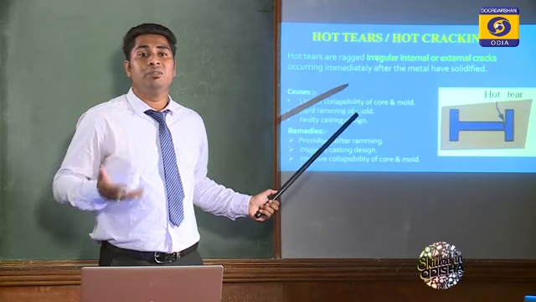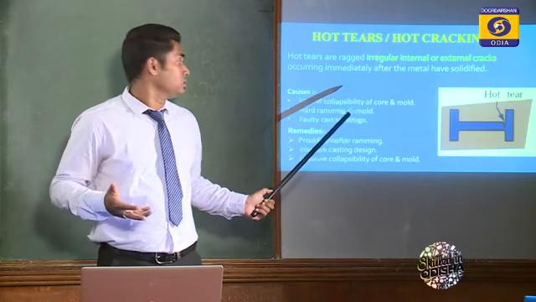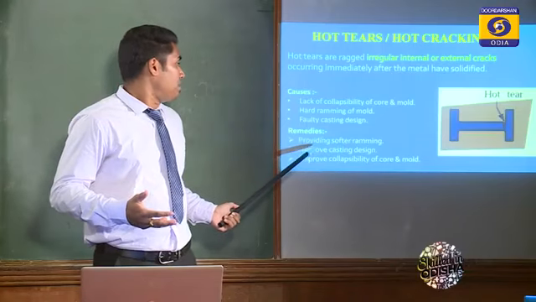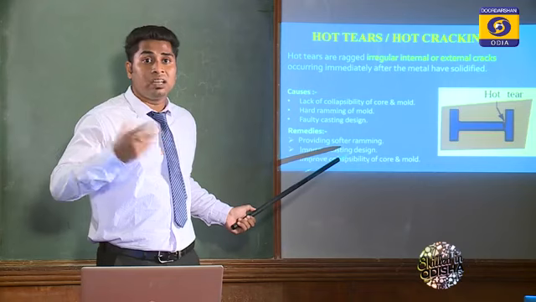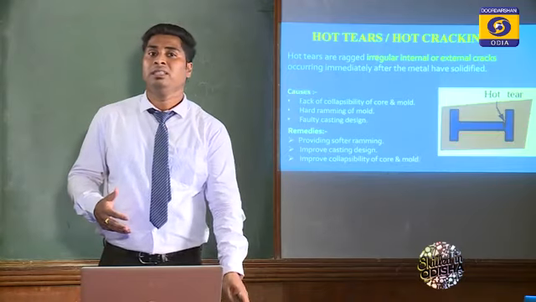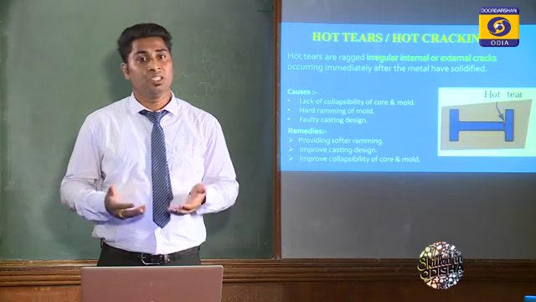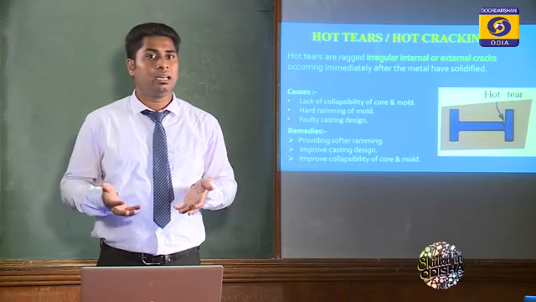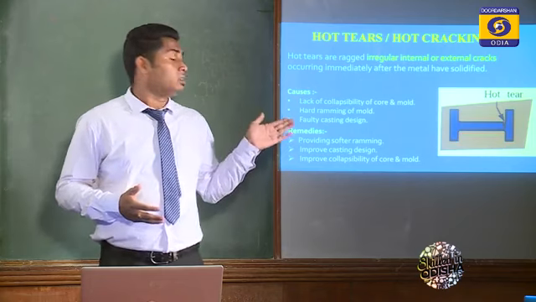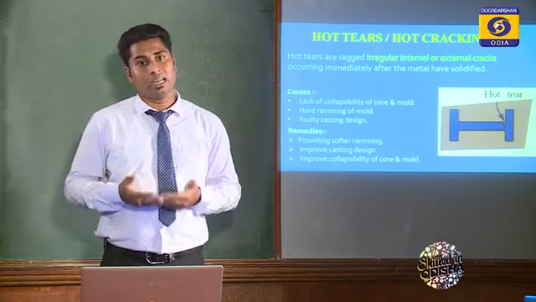So what are the remedies of these casting defects? Remedies are providing softer ramming, improving the design of the casting, and improving the collapsibility of core and mold. So by using these remedies, we can avoid or prevent the hot tears or hot cracking casting defect.